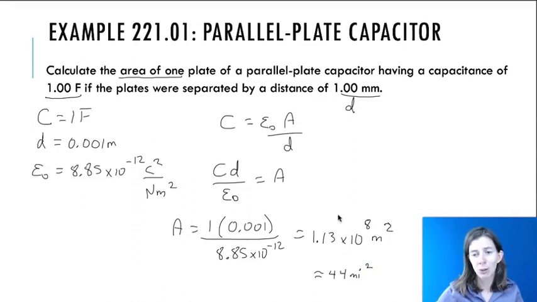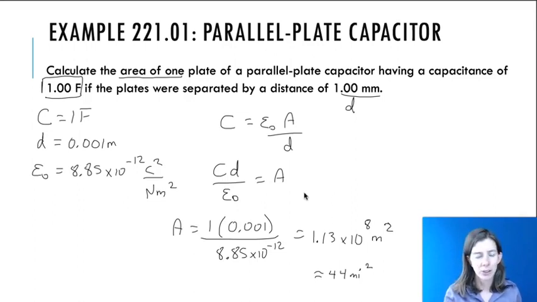So it's not a reasonable number, but we didn't actually make any mistakes. The purpose of this problem was actually to let you know that you're not going to find a 1 farad parallel plate capacitor, because the plates would have to be this big if there were no other modifications made to this capacitor.